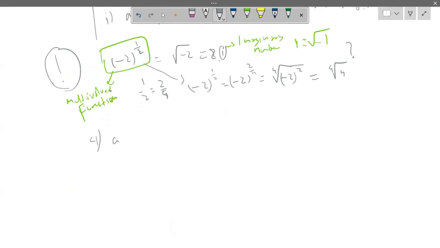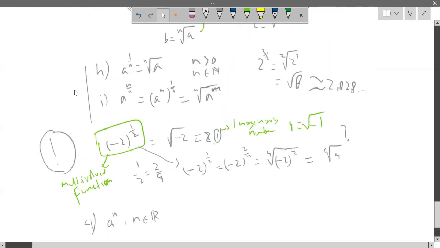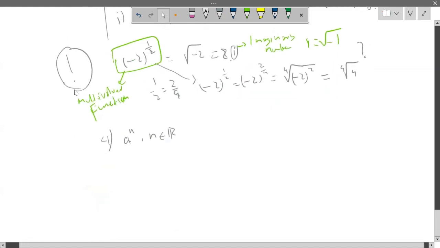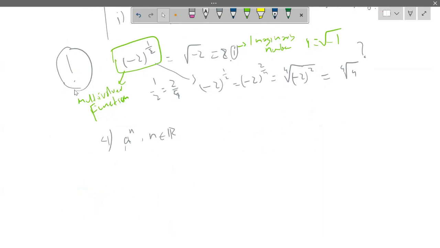So let's talk about a to the power of n when n is any real number. In each of the previous examples, the exponent is indeed a real number. But what if it's another type of real number called the irrational numbers? So let's say I want to find the result of 2 to the power of pi.